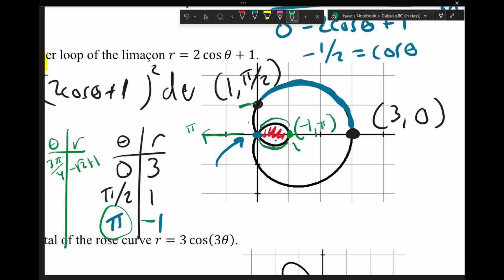Maybe we use this as a hint. When is cosine -1/2? Yeah, why don't we try 2 pi over 3. Now this is -1/2 times 2, which would be -1, plus 1 would be 0. So I think 2 pi over 3 would be a good one.